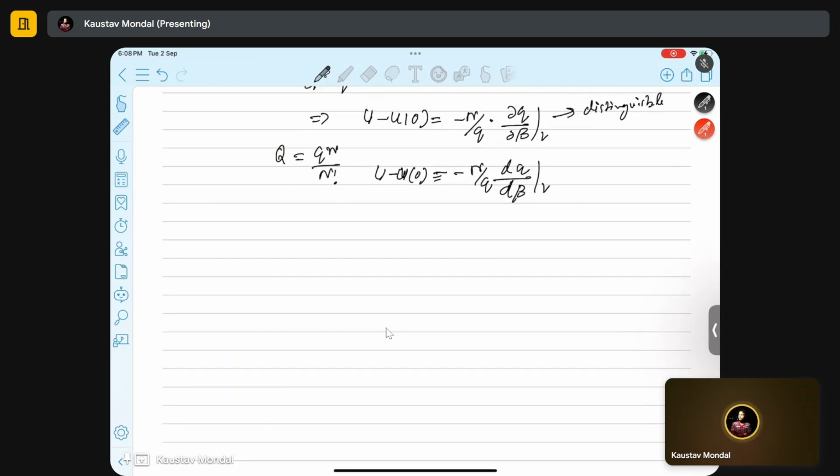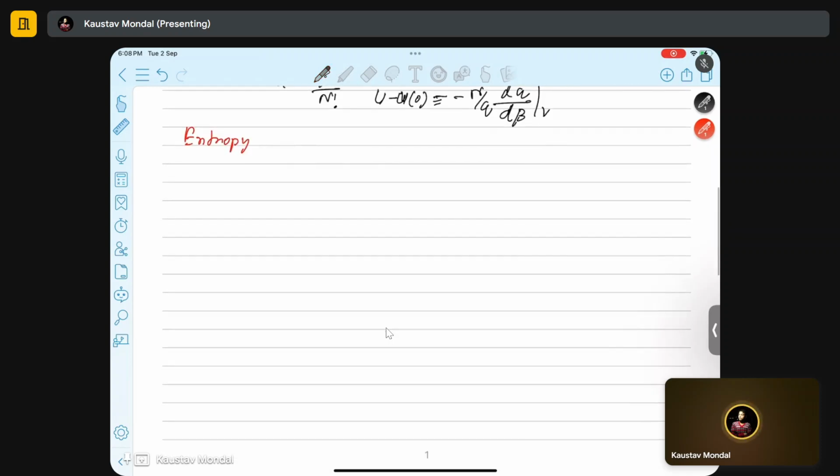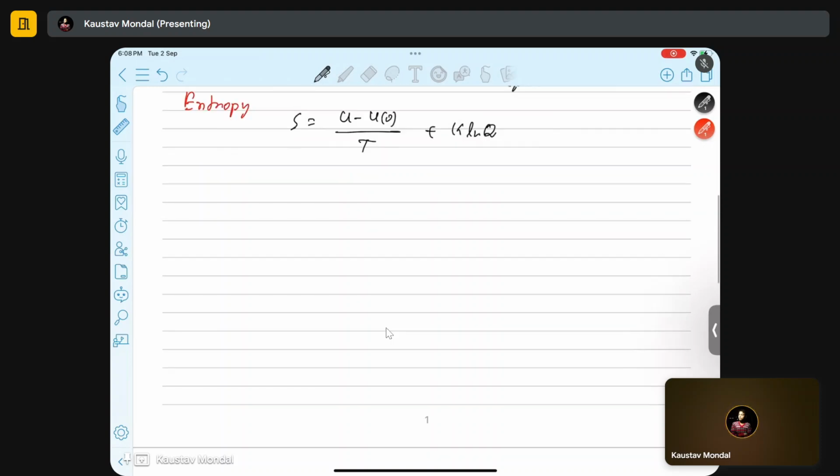The next thing is that similarly we also derived the entropy. Entropy of the system was initially defined by U minus U0 by T plus k ln Q. Now in terms of the molecular partition function, you can rewrite this thing like this.